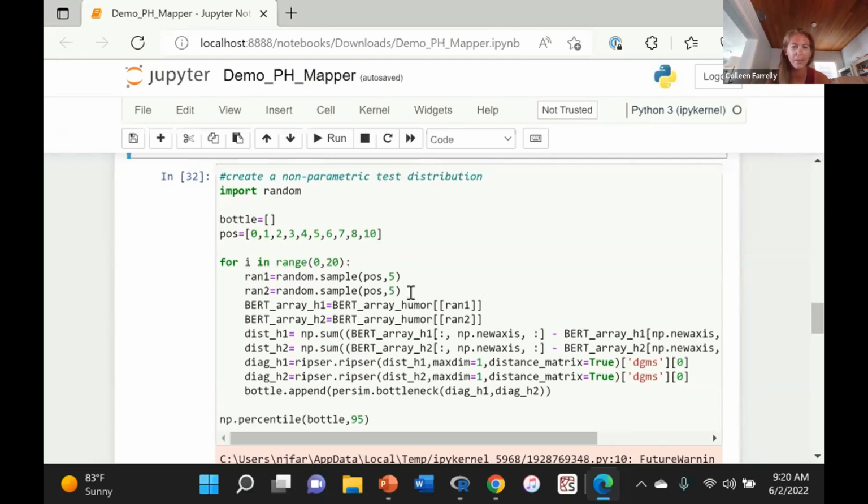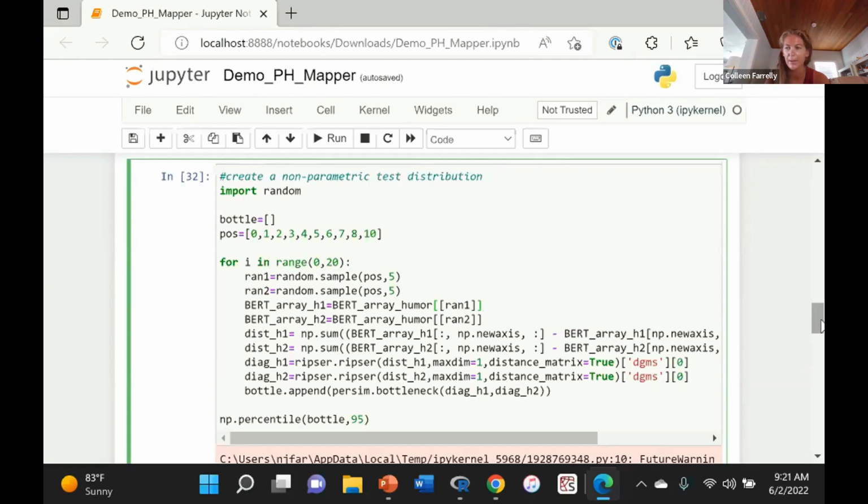So we can do these 2 random samples of which poems we're going to look at. We can define our arrays and our distance metrics for both of those, compute our persistent homology for both of those samples, and record what the bottleneck distance is.